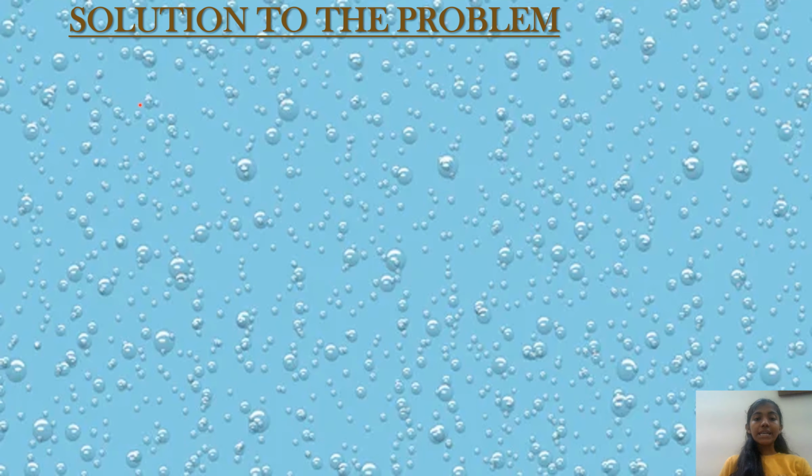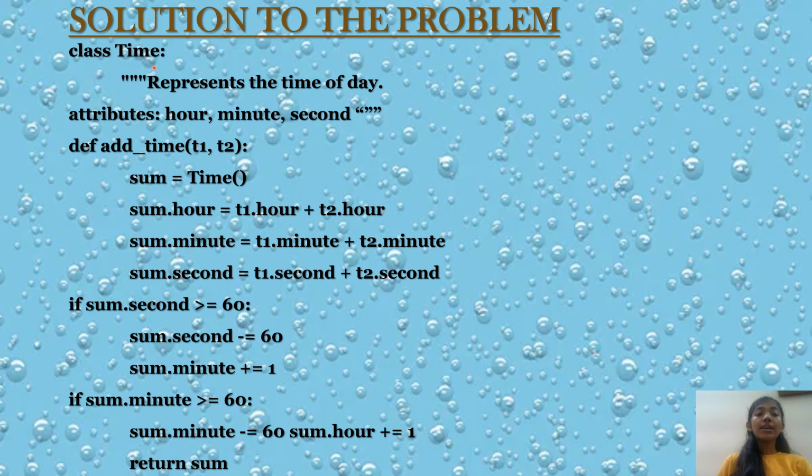The solution to the problem, that is the correct code for solving it, is defining Time as a class followed by a colon, started with triple double quotes, representing the time of day using attributes hour, minute and second, followed by triple double quotes. Now defining add_time using arguments t1 and t2 followed by a colon. Here we are using sum as a Time object, therefore sum.hour equals t1.hour plus t2.hour, sum.minute equals t1.minute plus t2.minute, sum.second equals t1.second plus t2.second.